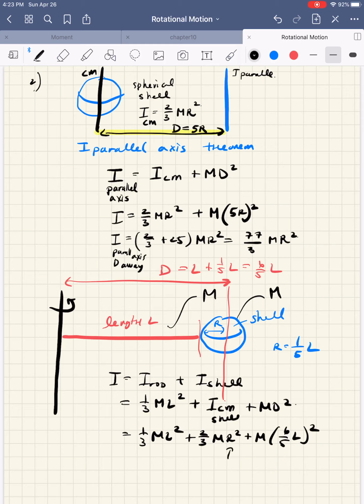And of course I'd replace this r with 1/5 L. And then in total, I would have mL squared times 1/3 plus 2/3 times 1/5 squared plus 6/5 squared.